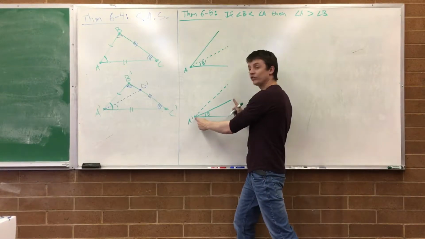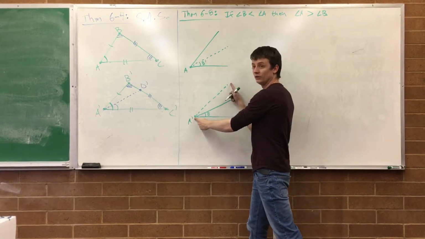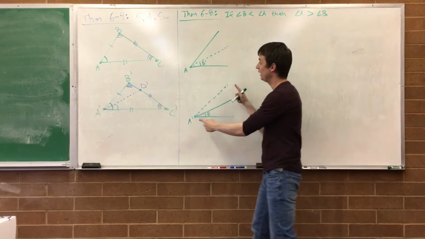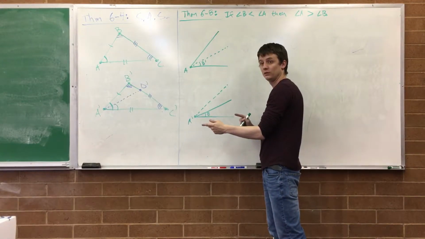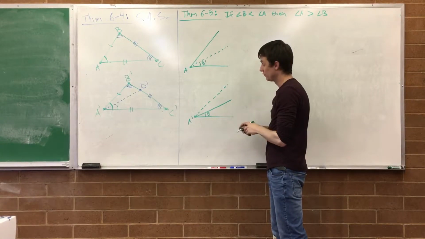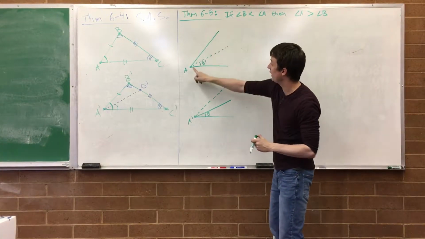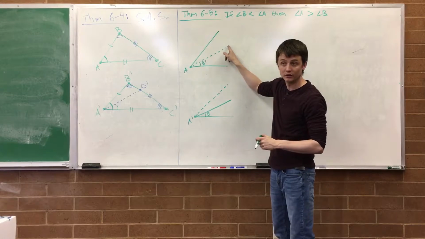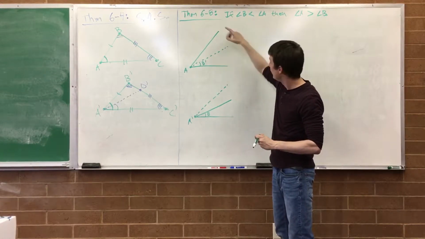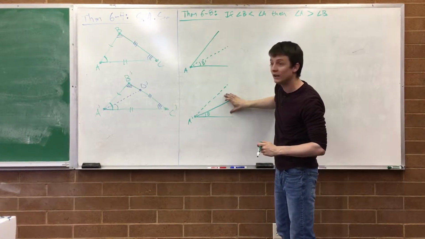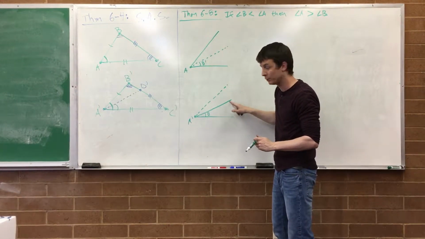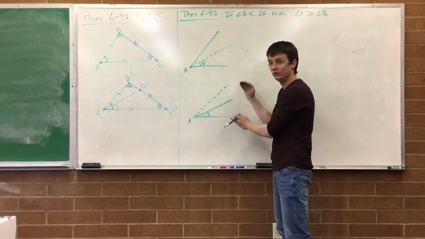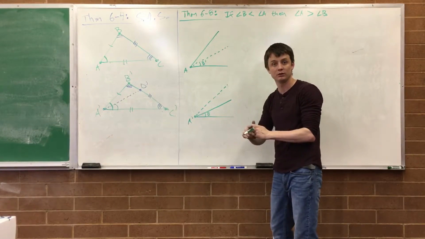If I can show that this ray is interior to this angle, then I can now say angle A is greater than angle B. So angle B less than angle A gives me that this ray is interior. Angle A being greater than angle B means that this ray has to be interior. That's what I'm trying to prove. This one's interior to this angle. You see big picture what we're going to try and do?